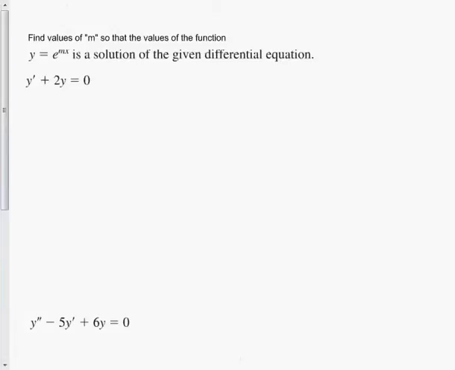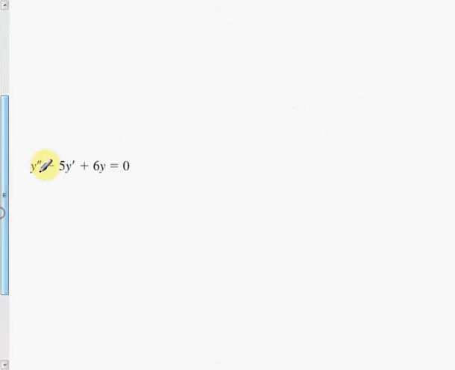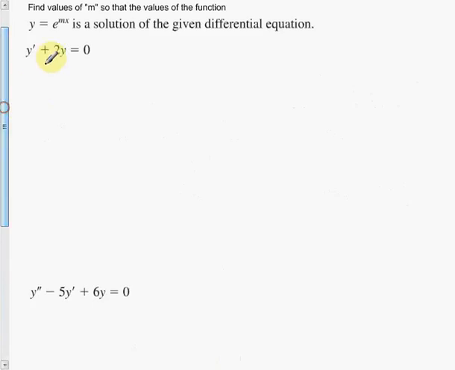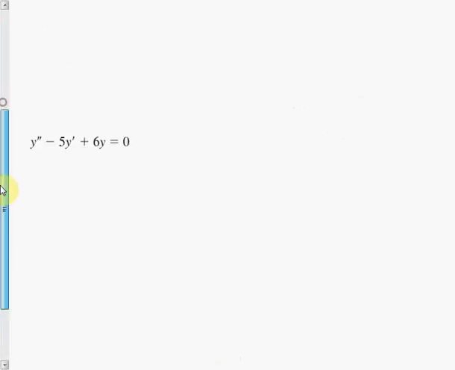Here, find the values of m so that the function y equal to e to the mx is a solution of the given differential equation. Now, I want you to look at this problem and the next problem here, y double prime minus 5 y prime plus 6y equal to 0. Look at the similarity of the first problem, the second problem, and even the third problem.